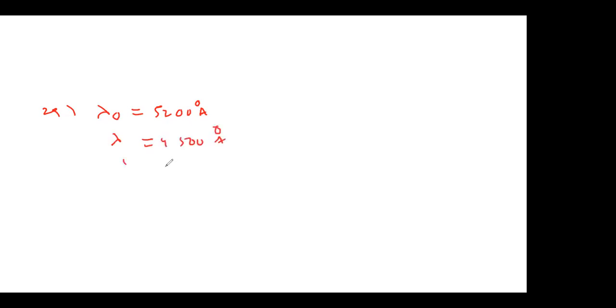That means lambda is less than threshold. Which of the following statements is true? Electrons are emitted from the surface having energy between 0 and infinity? No, energy can't be infinity. Electrons are emitted from the surface having energy between 0 and a certain finite maximum value? Yes, true. B is perfect. B option.